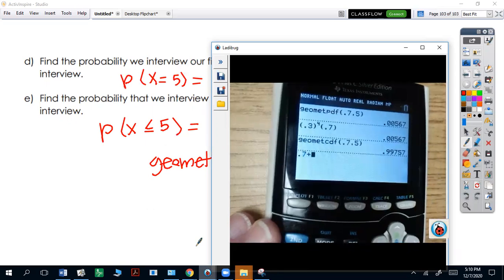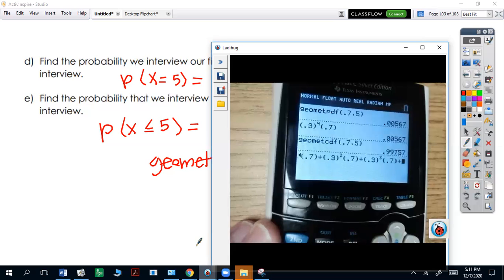0.7 plus 0.3 to the 1st power times 0.7 plus 0.3 to the 2nd power times 0.7 plus 0.3 to the 3rd power times 0.7.